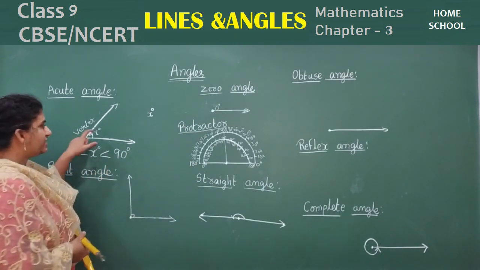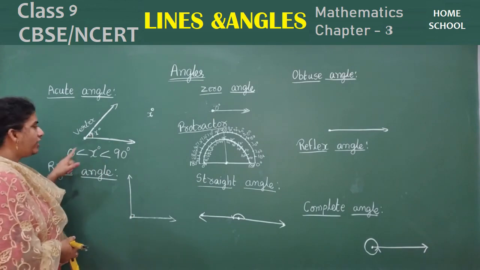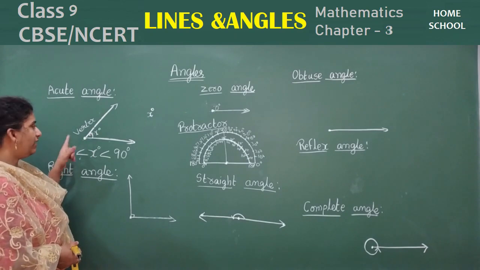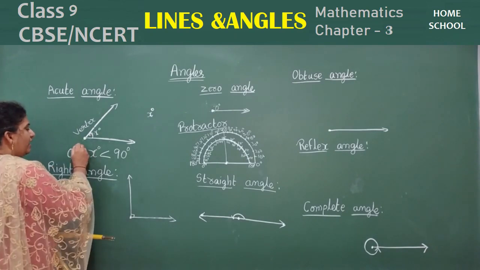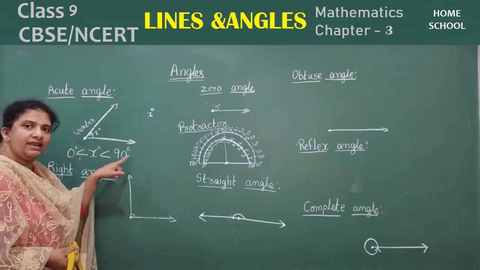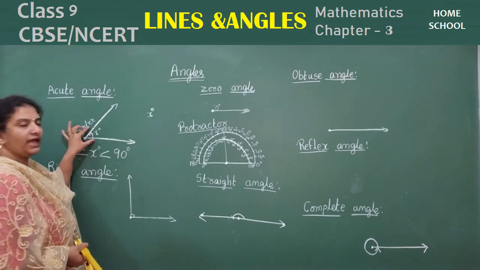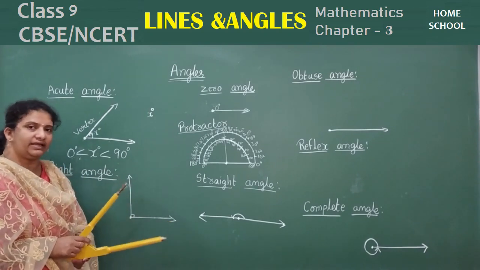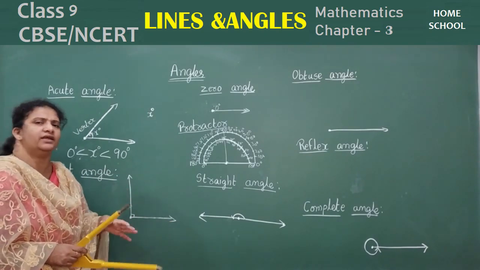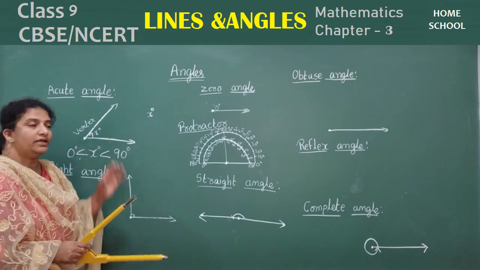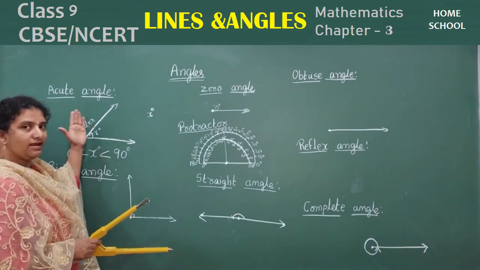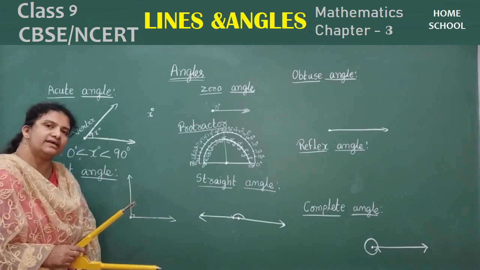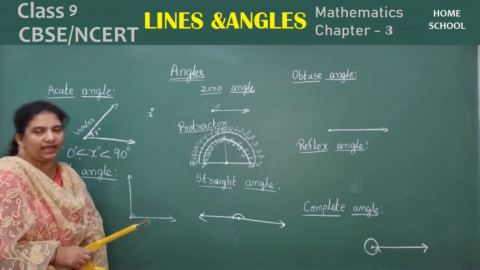That means it is more than 0 degrees and less than 90 degrees. It might be 5 degrees, 10 degrees, 18 degrees, whatever it might be. All these angles we call acute angles.